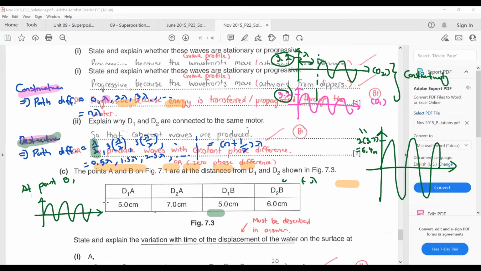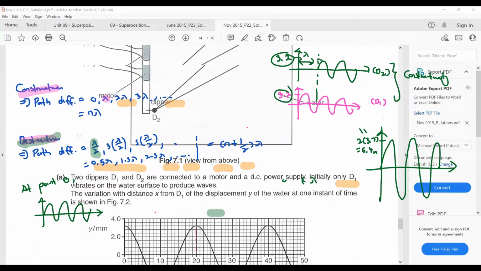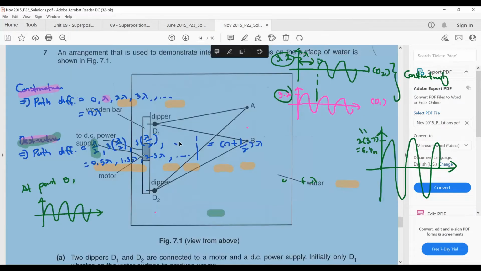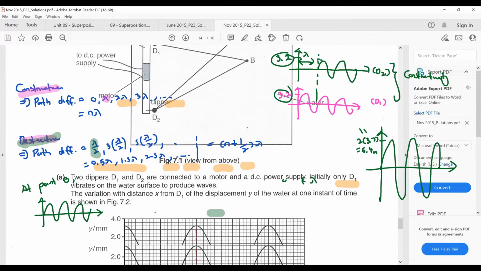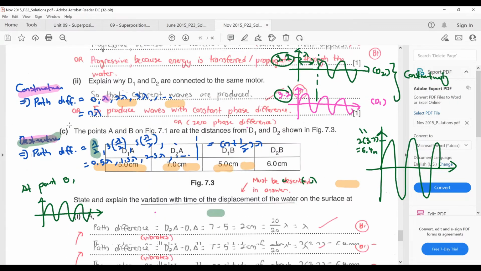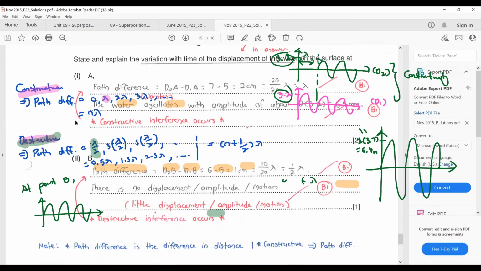Which one arrives first here right now? At B, D1 would actually arrive first. So say right now, the wave at this one represents wave D1. Wave D2 will arrive later. So this one is 3.2 millimeter.